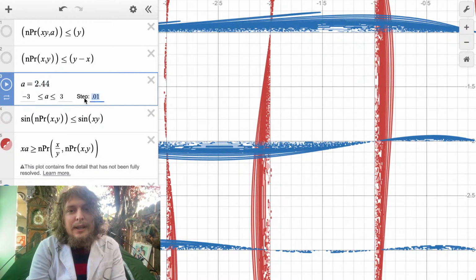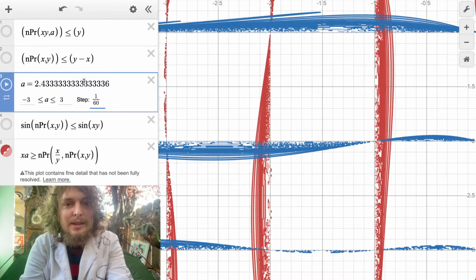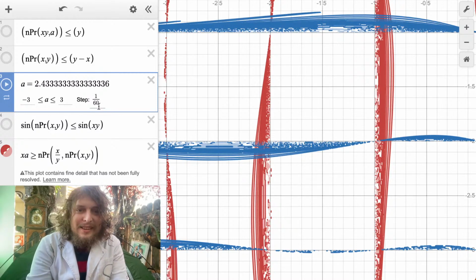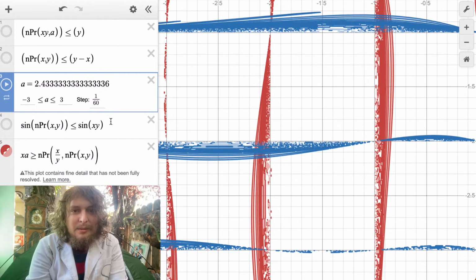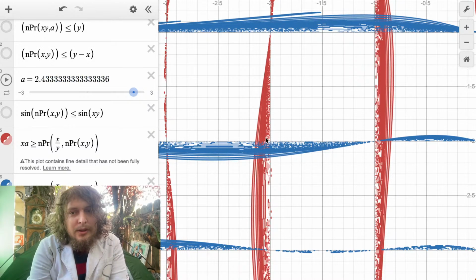In fact, I wonder if they'll let you do fractions, because I bet we'll hit more interesting stuff if our step is a highly composite number, like 1/60th, if they let us. Even though it might approximate it, I'm not sure, that might hit more interesting things than 1/100th. So we'll try that. But a equaling pi, I'll have to set it for an individual one. But we can always try that for some of these.